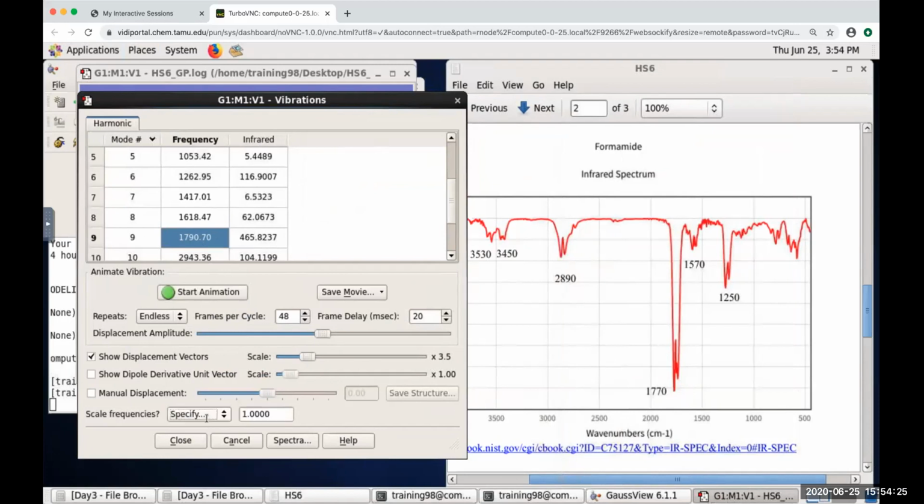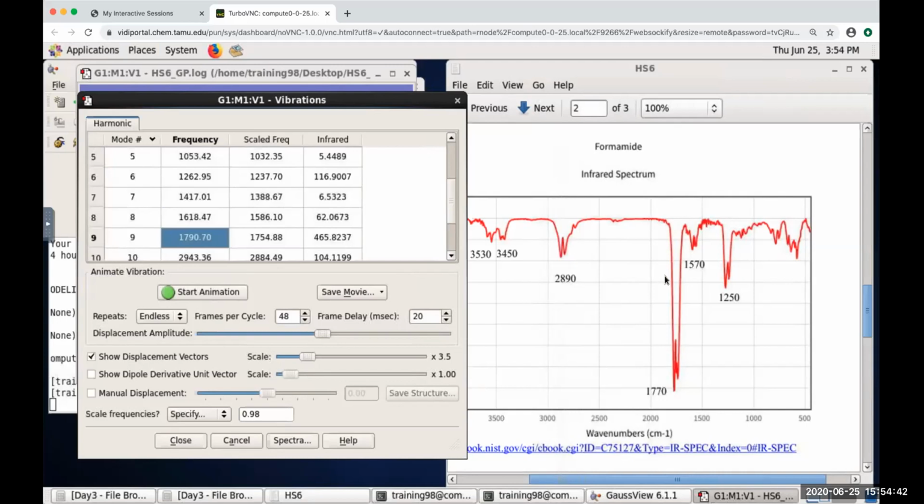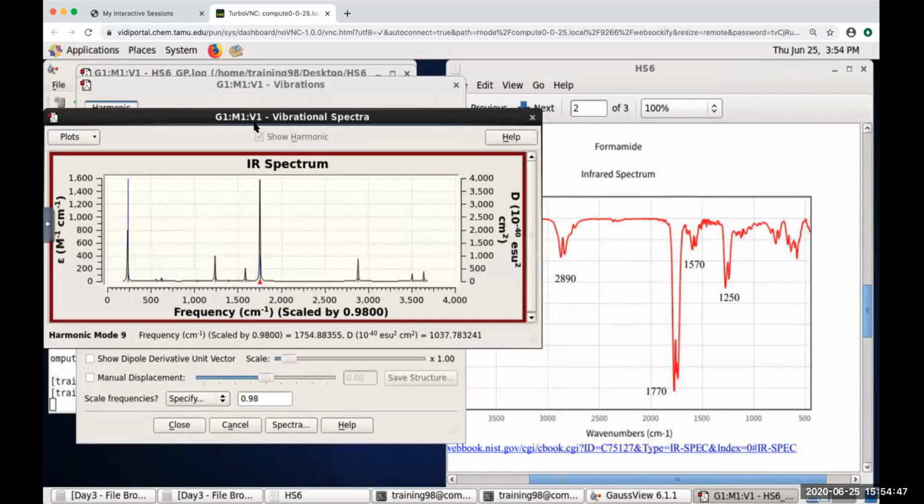So if you'd like to find a scaling factor, you can put it in here. Okay, 0.98 is a little bit too much for that. You can also look at some of the other ones and try to fit with the other excitation. Now you also notice that there are more peaks in the experimental than what we have in our calculated.